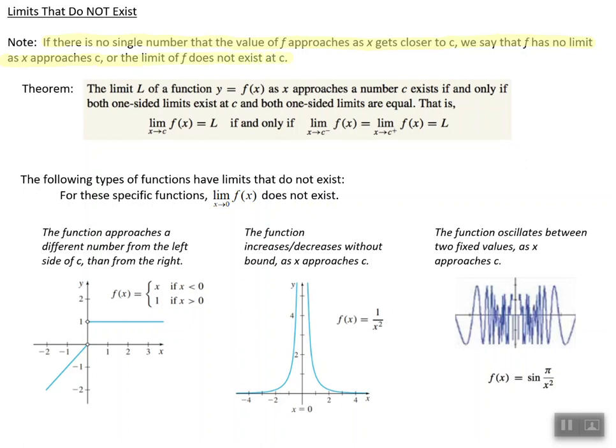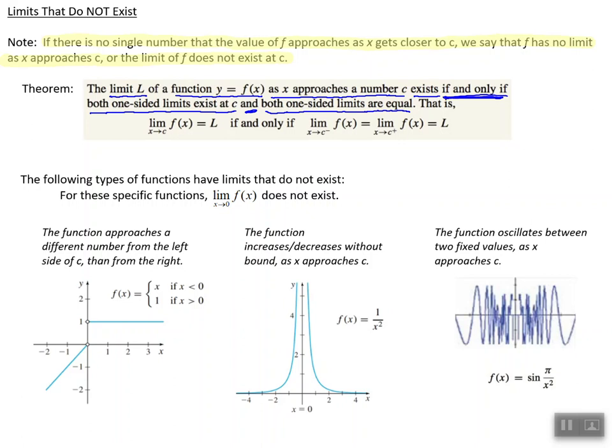That's important. That takes us to this theorem that the limit L of a function y equals f of x as x approaches a number c exists if and only if both one-sided limits exist at c and both one-sided limits are equal.